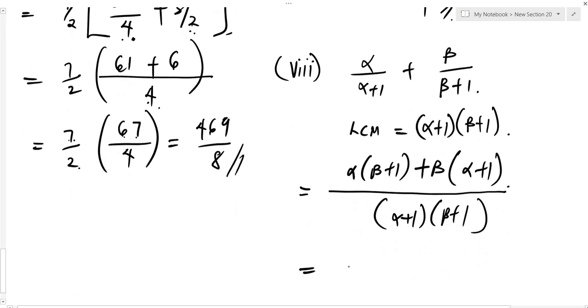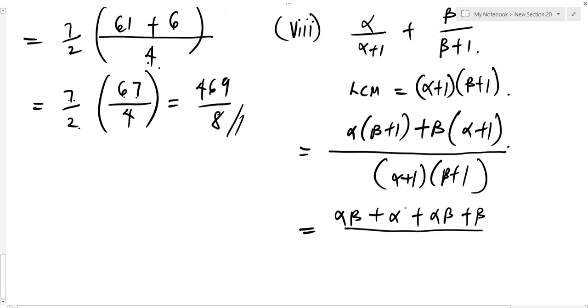Now we have this, expanding this expression at the numerator, you have alpha beta plus alpha plus alpha beta plus beta divided by, expanding this, you said this times this and this.